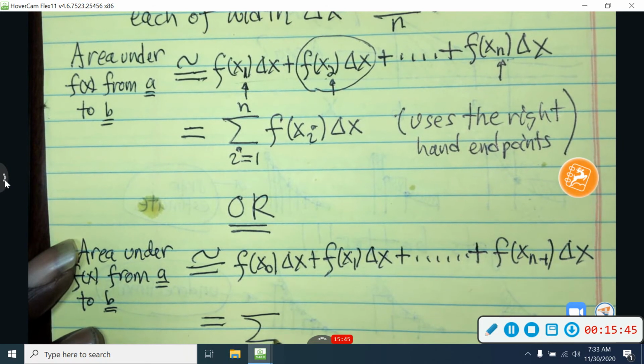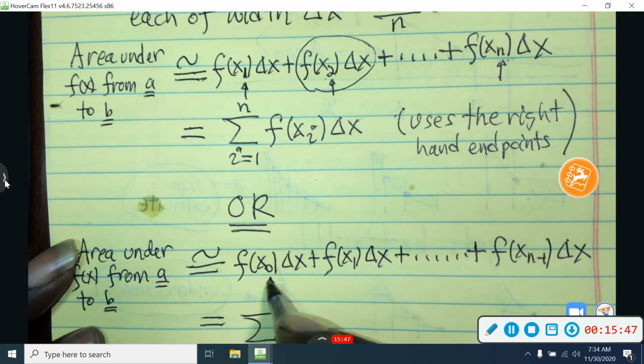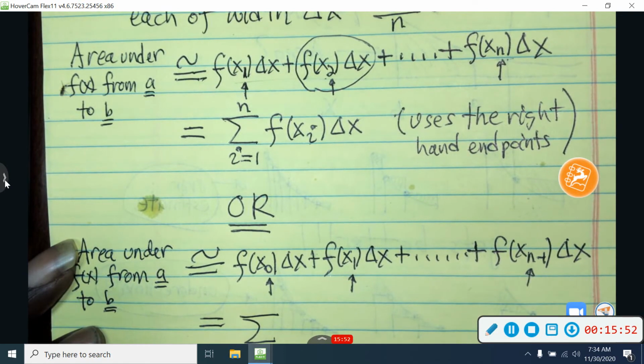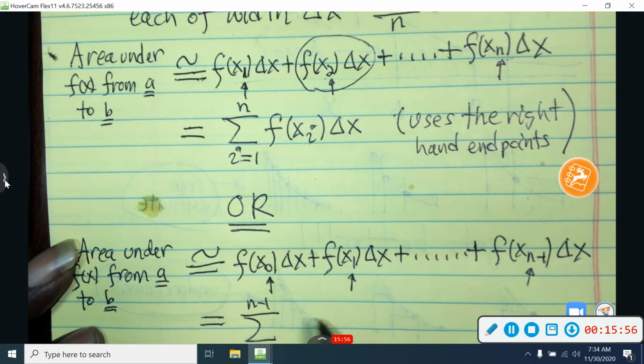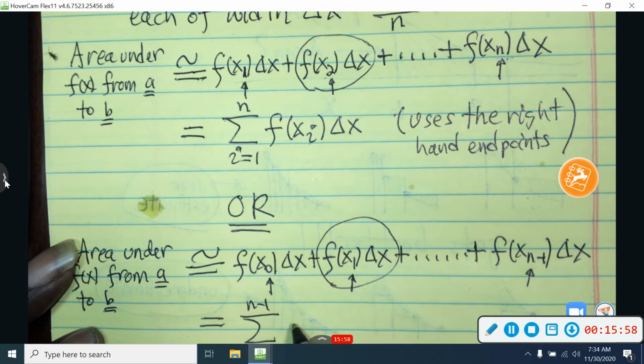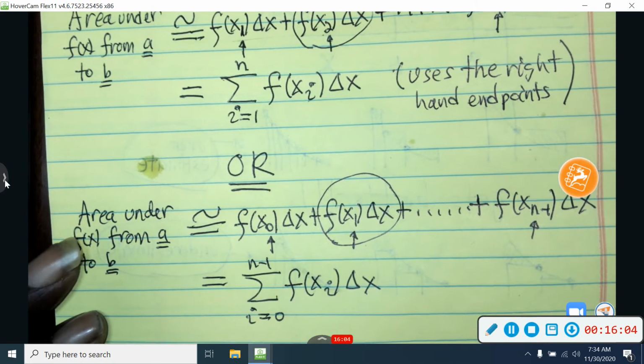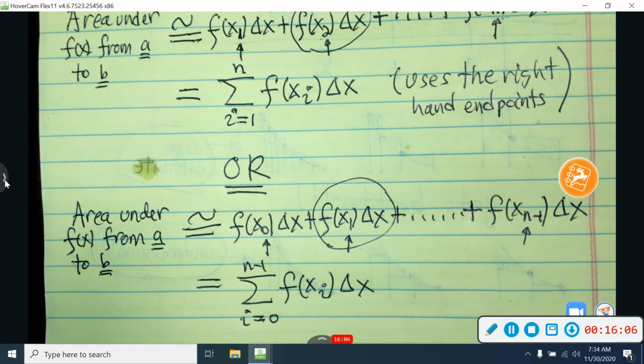So again, it's a sum because we keep adding. These indices are changing from 0 to 1 all the way up to n minus 1. So the i will be running from 0 to n minus 1, and the figure we're adding up is f of xi times the change in x. Okay, so that's another way to do it, using the left.